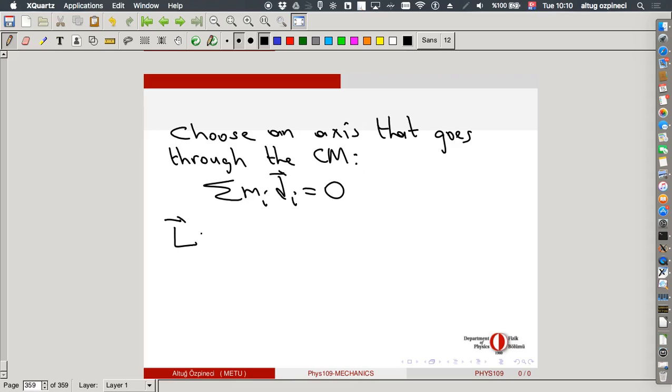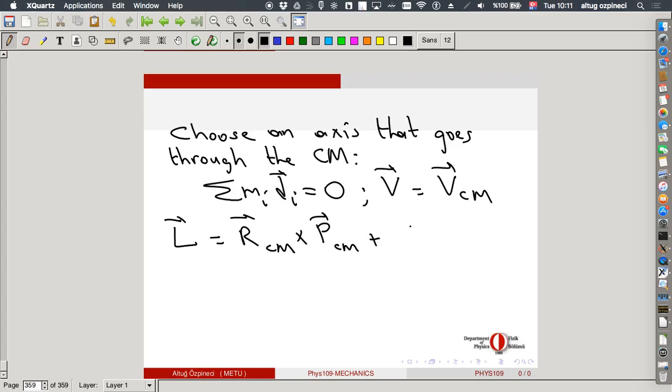And hence the total angular momentum of my object, and V would be nothing but the velocity of the center of mass. So L will be r center of mass cross P center of mass plus mi di cross omega cross di.